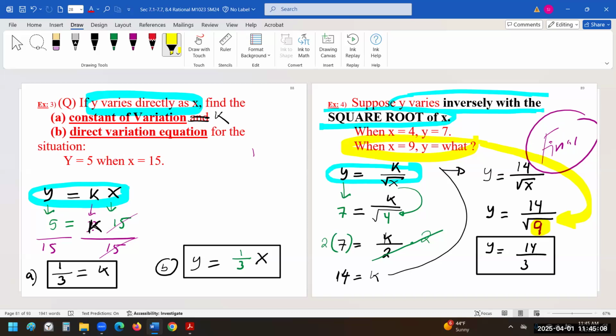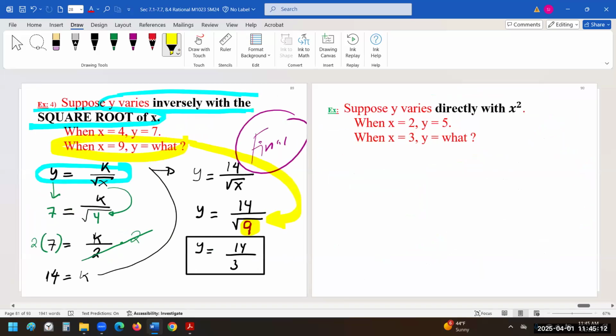Any question? Let's see what we have next. Try this. Always ask yourself, which two things are changing?